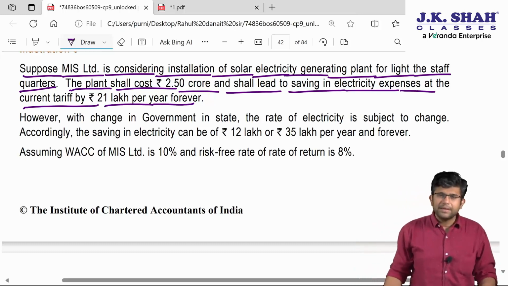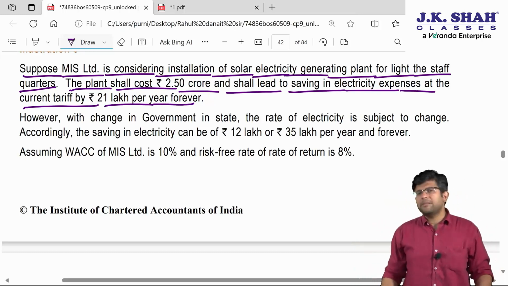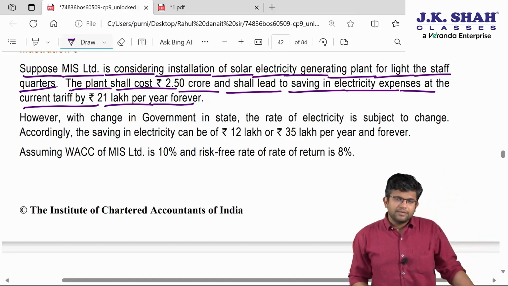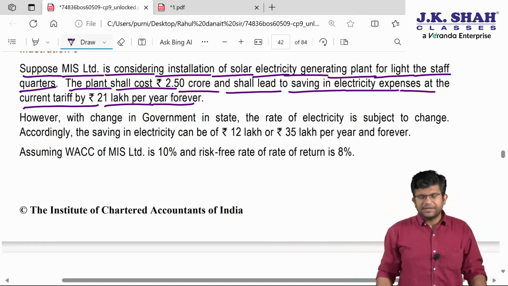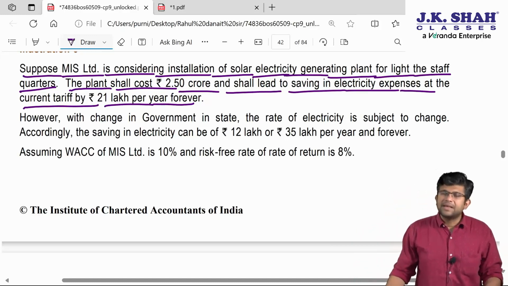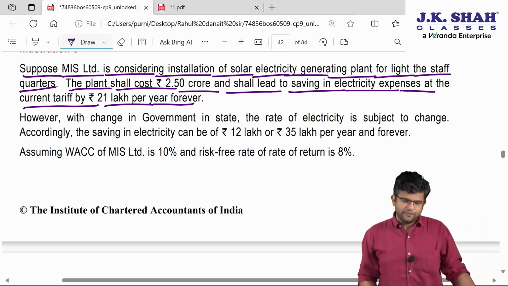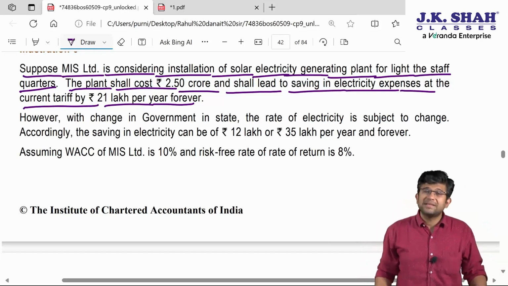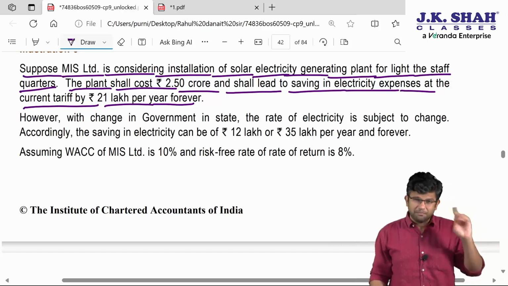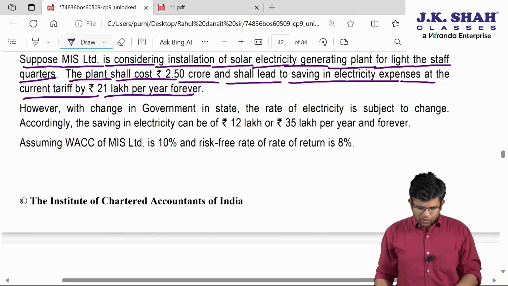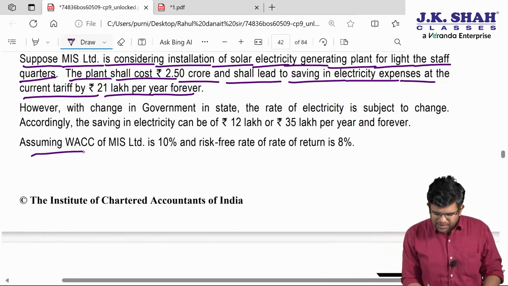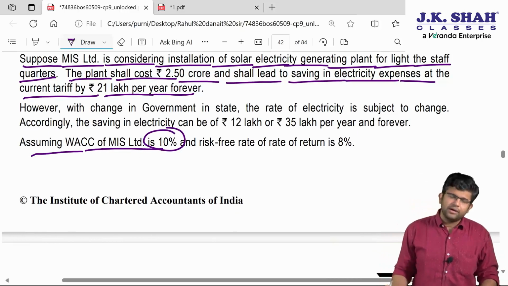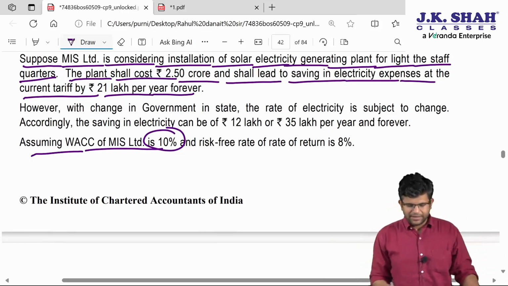Which means this company is saying that if we are able to install this solar electricity generating plant, then it will give us a benefit of 21 lakh rupees savings in electricity cost per annum forever. Okay. Then they are saying, assume that the WACC or the discounting rate is 10%.